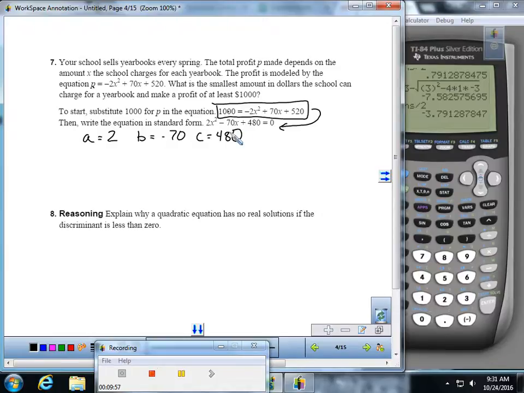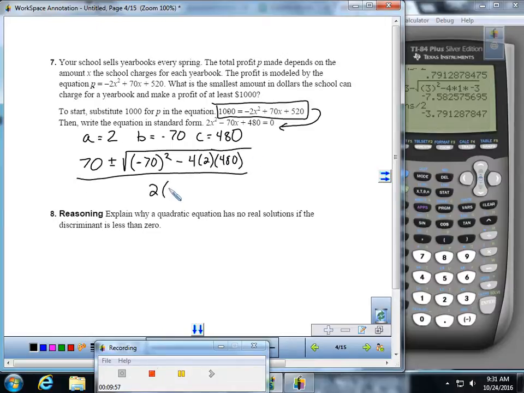I'm not going to. So you get minus B. Minus a negative 70 is positive 70. Plus or minus, big square root of. Here's where I need the minus in parentheses. Negative 70 squared minus 4 times 2 times 480 all over 2 times 2, which is 4 on the bottom.